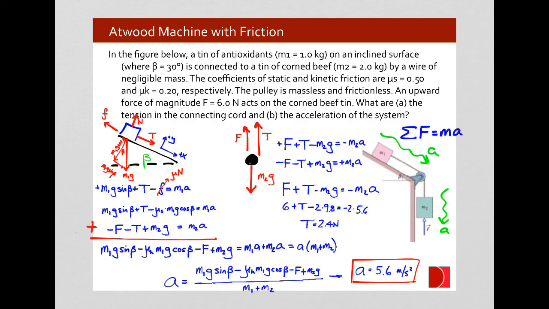That's a pretty small amount, but that makes sense. Both blocks are going to be wanting to fall downwards on their own due to gravity. The one falling straight down ought to be going faster than the one sliding down the inclined plane, but in either case, there's an applied force slowing this guy down, there's a frictional force slowing this other one down, and so the tension is just evening out.